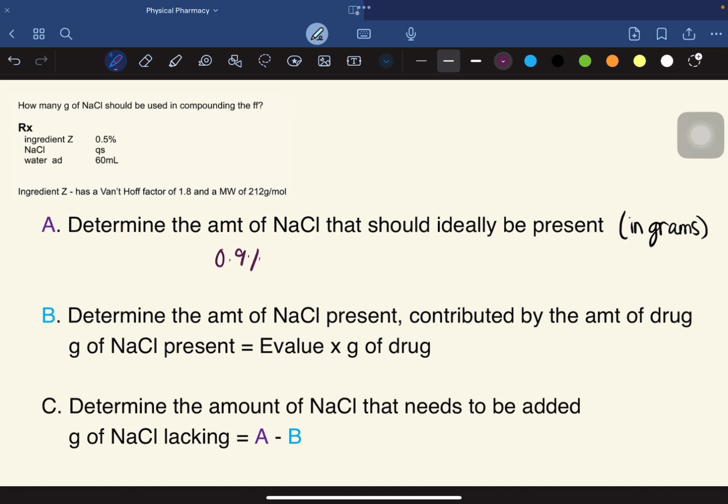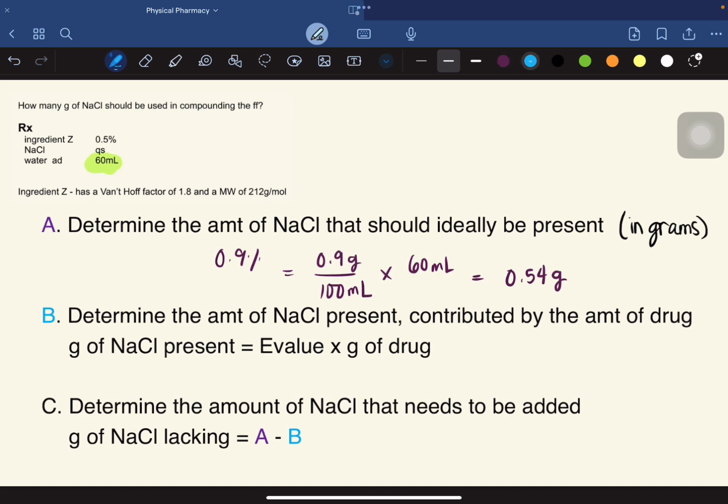Tapos grams yung hinahanap, so remember 0.9 grams in 100 ml solution. But if you look at the problem, the volume is 60 ml. So we will have to multiply this by 60 ml. So the answer to this would be 0.54 grams. So the ideal amount of sodium chloride that should ideally be present is 0.54 grams.